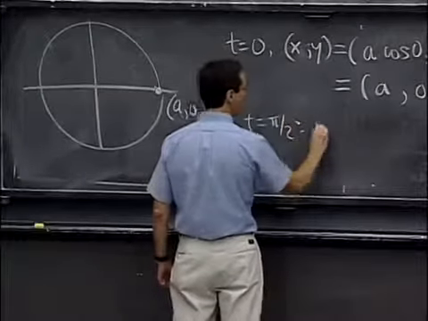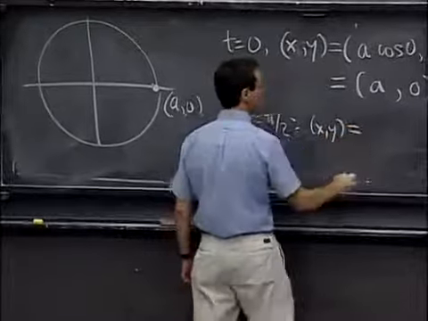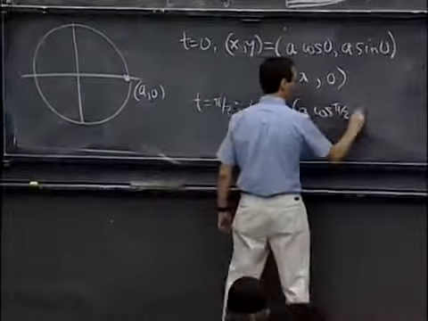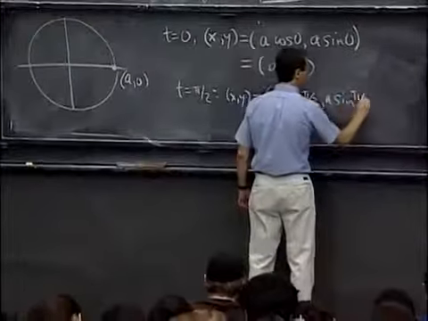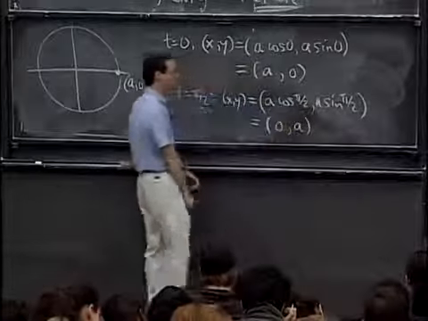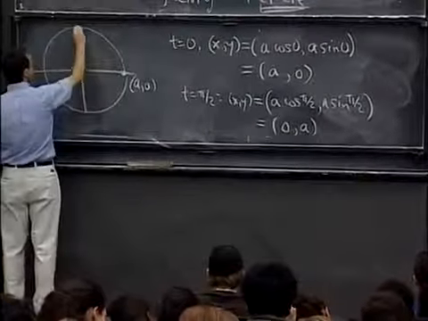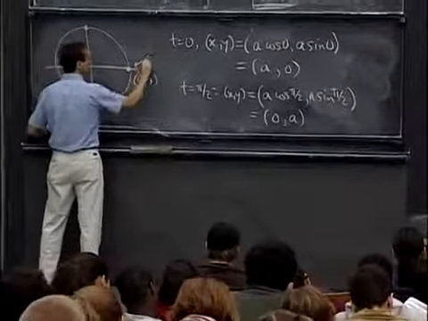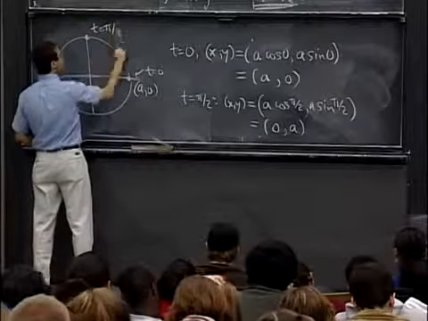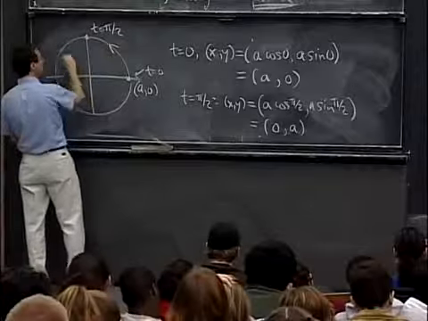At that point, we have x, y equal to a cosine pi over 2, a sine pi over 2, which is 0, a, because sine of pi over 2 is 1. So that's up here. So this is what happens at t equals 0. This is what happens at t equals pi over 2, and the trajectory clearly goes this way.